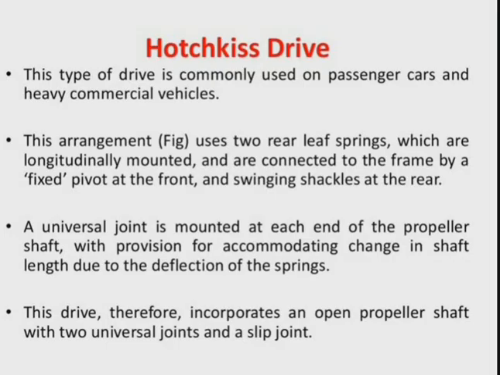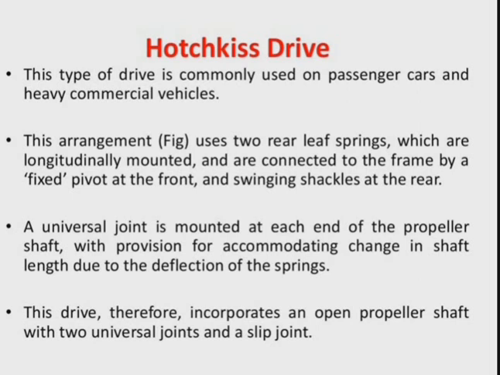Hotchkiss drive is another type of drive, commonly used for passenger cars and heavy commercial vehicles. Here we use two rear leaf springs, longitudinally mounted and connected to a fixed frame. There is a pivoted joint in the front and swinging shackles at the rear.